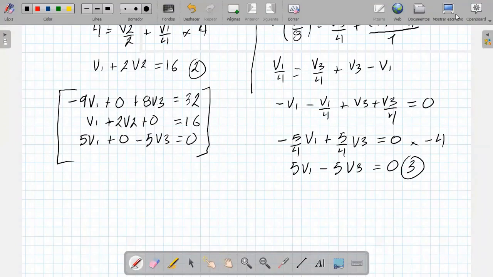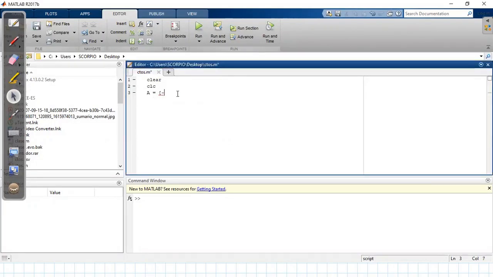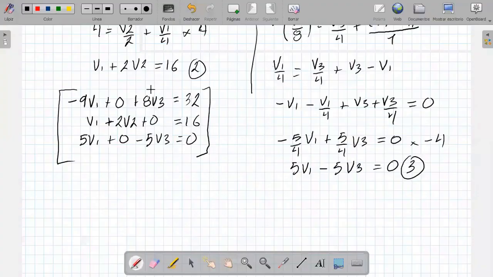The -9 is what goes with variable B1, 0 to variable B2 and 8 to variable B3. Then, semicolon, and I record the next one, which would be 1, 2 and 0. Then 5, 0, minus 5.